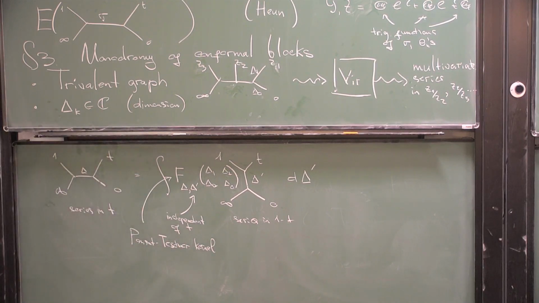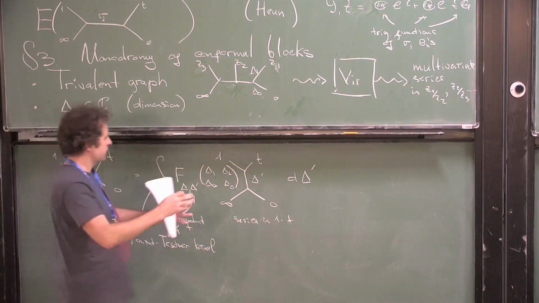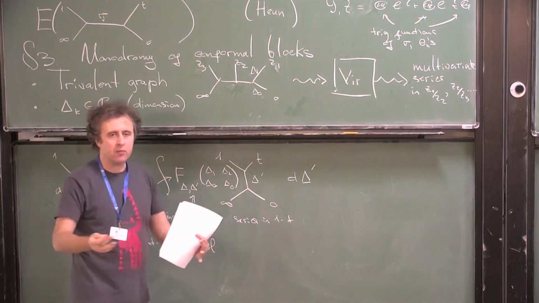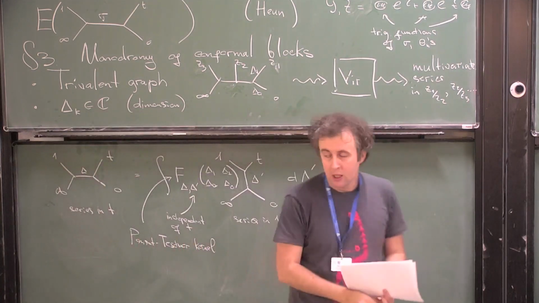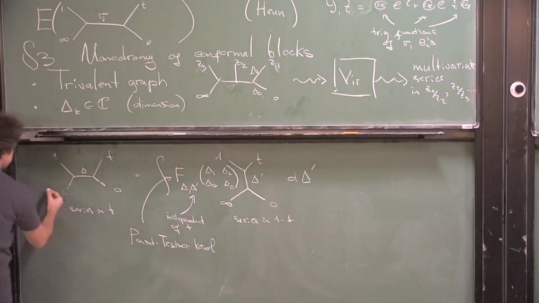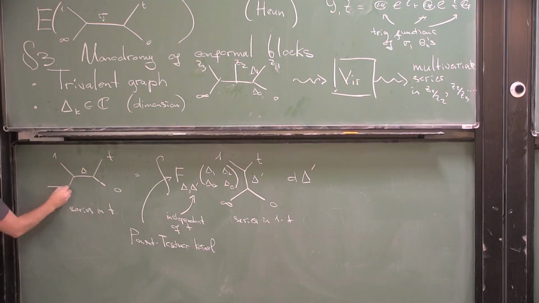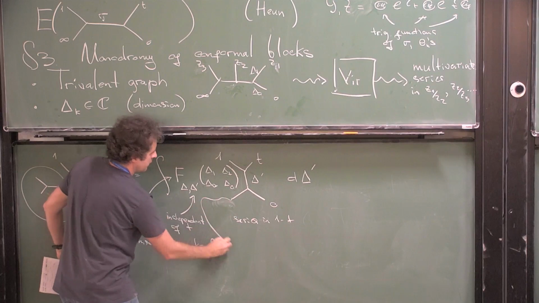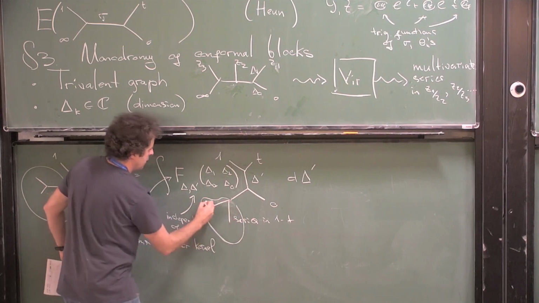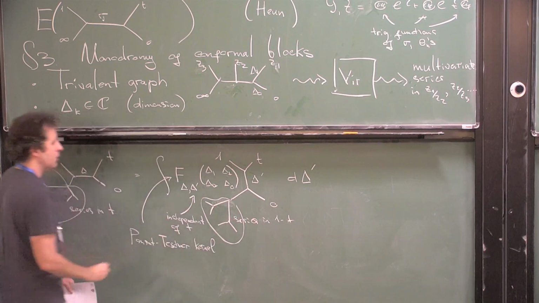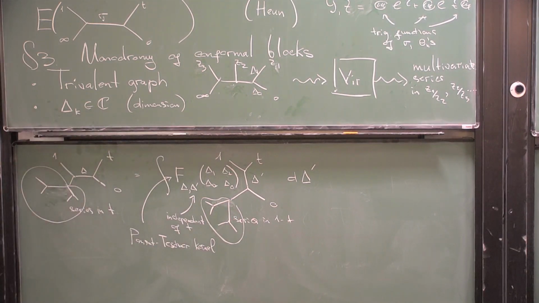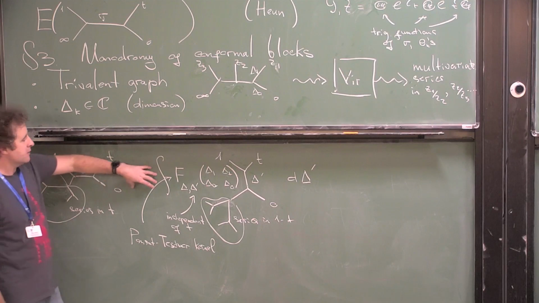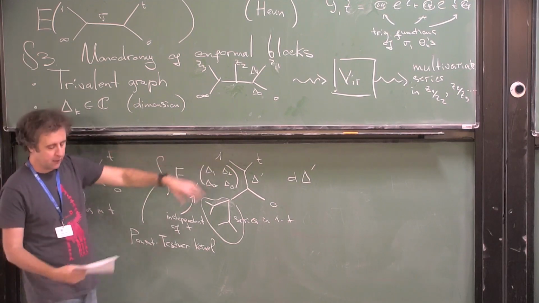And now if we want to consider monodromy properties of more complicated conformal blocks, it turns out that basically we can add here anything we want, any black box, provided we add the same black box over here. So you still have the very same transformation with the very same fusion matrix F.